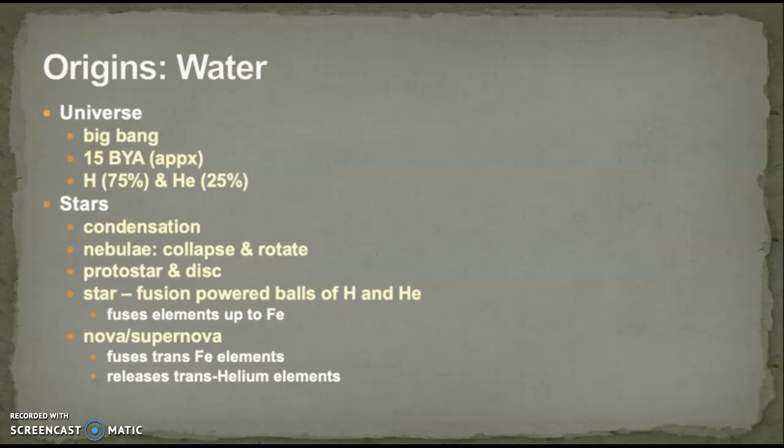Once that material forms, if the mass is big enough, it will start to collapse. As it collapses, all the mass is collecting primarily in the center of this system that's forming, and it will form what we would call a star.